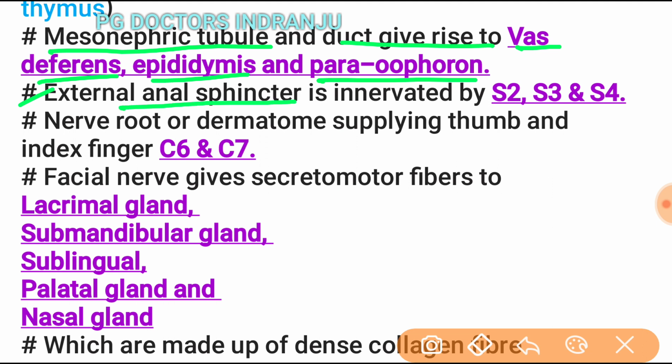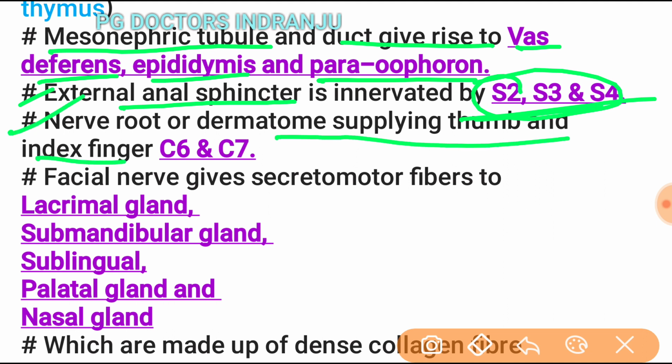The external anal sphincter is supplied by the innervation of S2, S3 and S4, which is very important for you. The nerve root or dermatome supplying the thumb and the index finger is C6, C7.